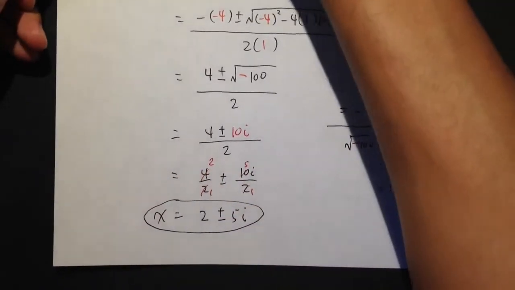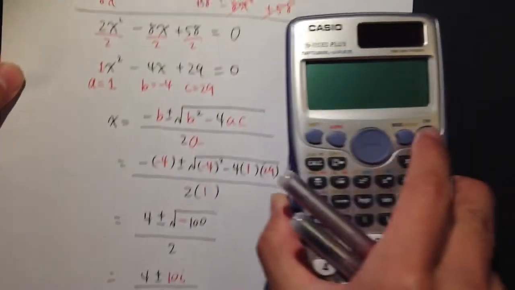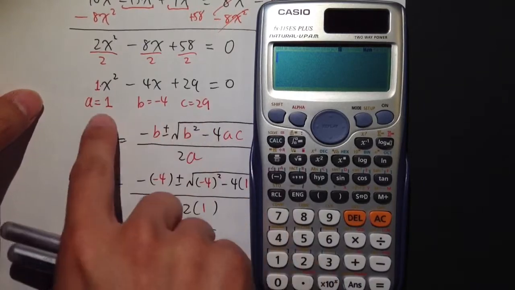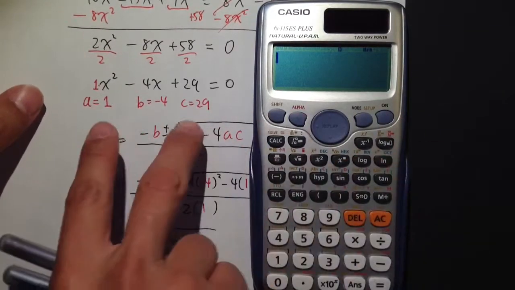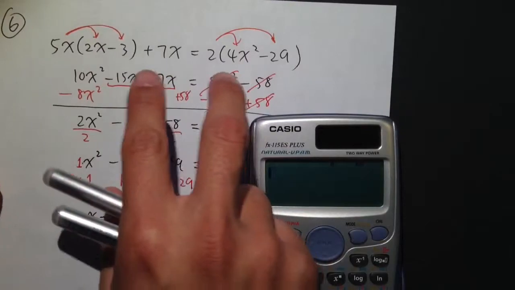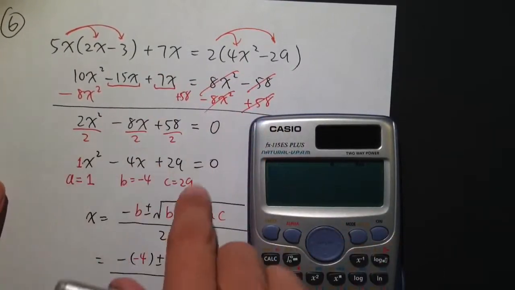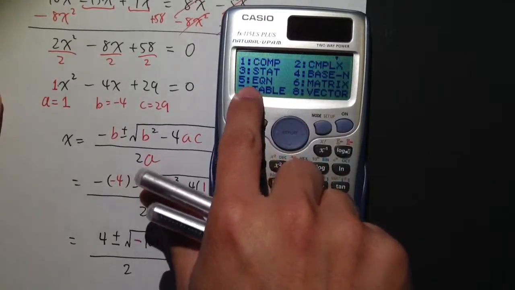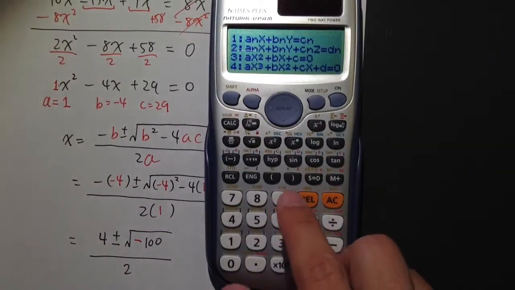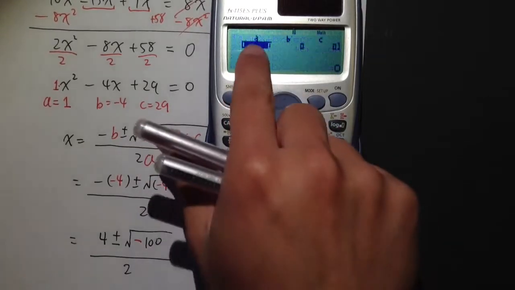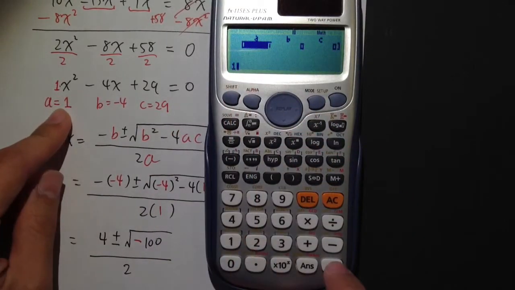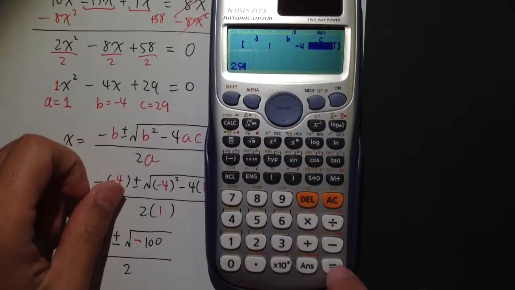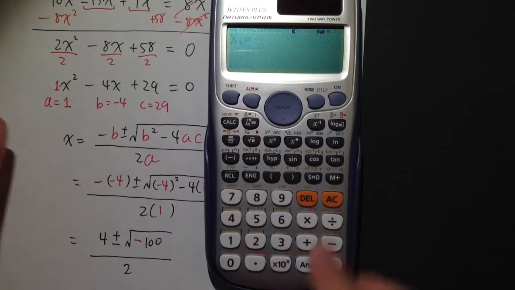Okay? And then I will also show you guys how to do this on the calculator. And let me use the a, b, and c right here. But before that, you need to make sure that you do all this combining of terms correctly, moving the terms correctly. So go to mode, number 5 for equation, number 3 for quadratic equation. a in our case is 1, b is negative 4, c is 29, and then press equal.